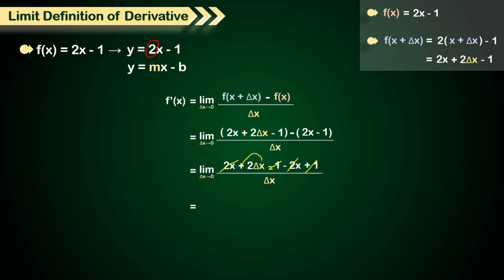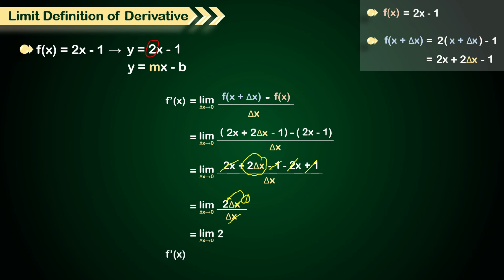Then, the limit of the remaining term, which is 2 delta x over delta x as delta x approaches 0. Simplify: divide delta x by delta x, which is 1, and multiply it by 2. Then, the limit of 2 as delta x approaches 0 is 2.